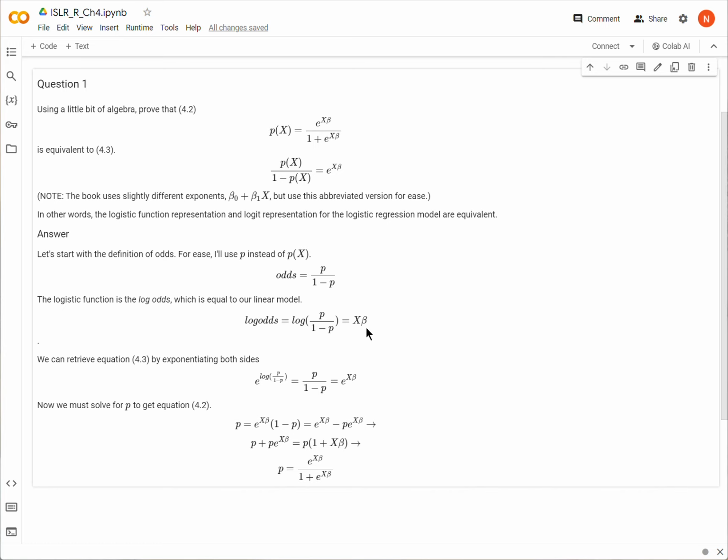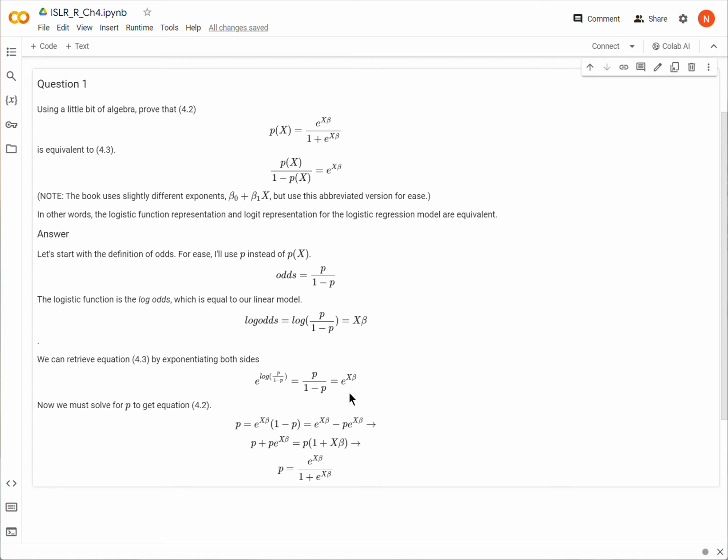Okay, and so if I exponentiate both sides, so I exponentiate this side, I get p over 1 minus p. That's just the odds, right? Because exponentiation is the inverse of log. And so that means that the odds is equal to our linear model exponentiated.